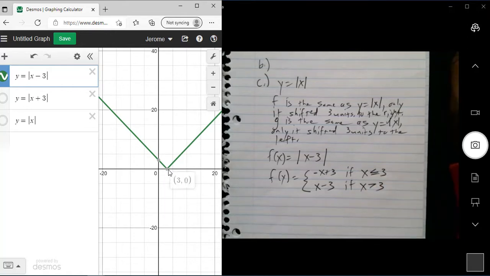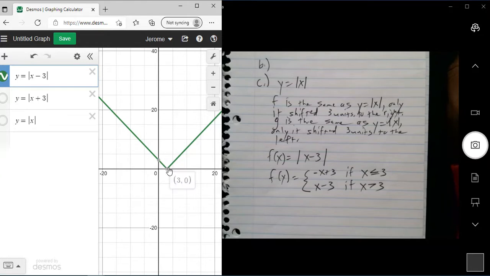Now, if you look here, this is the minimum point that they have for this graph as far as the lowest, well, I would say the lowest y value. But if you look here, if you go to the left of this here, anything less than 3, you notice it has its own line. Anything greater than 3 has its own line here. So you basically have both of these lines meeting when x is equal to 3.